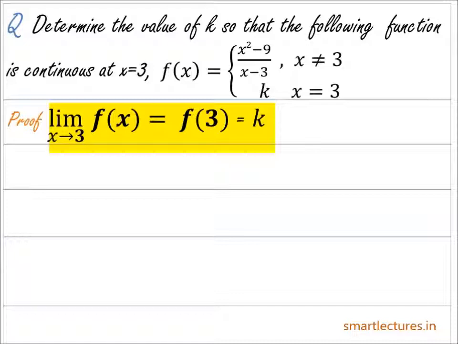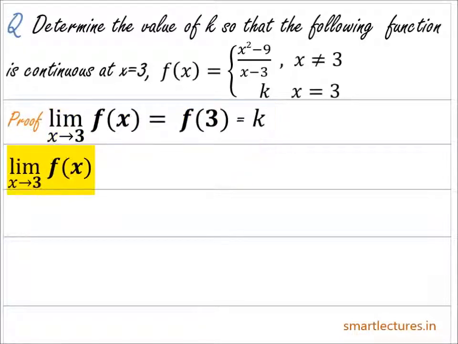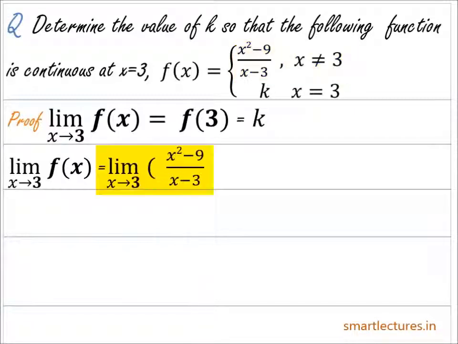Now, as per the definition of this function, if x is not equal to 3, then in that case f of x is equal to x square minus 9 upon x minus 3. So now this limit can also be written as limit x approaches 3, x square minus 9 upon x minus 3 is equal to k.